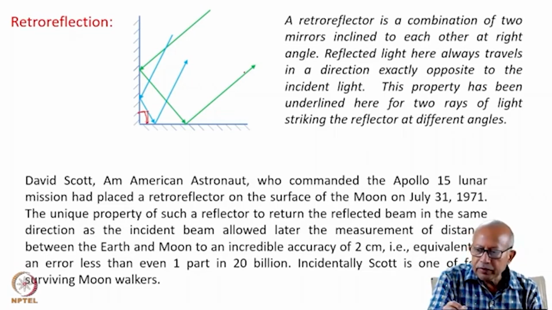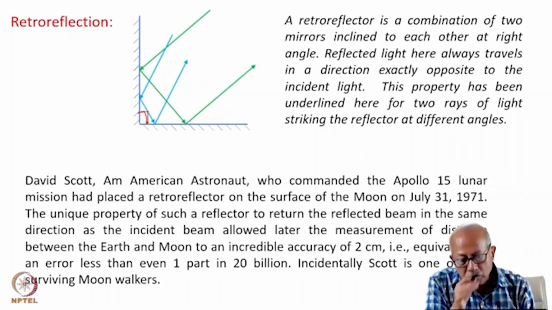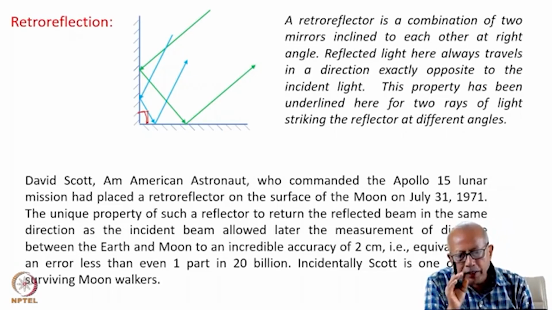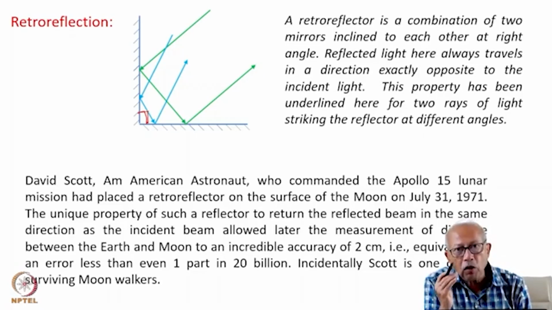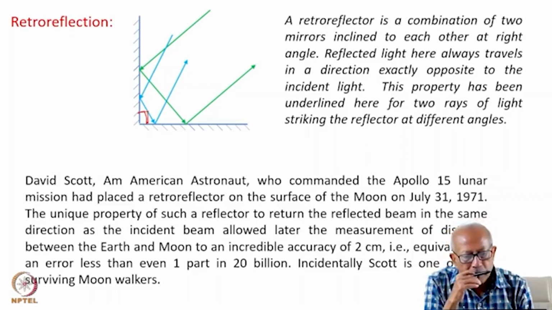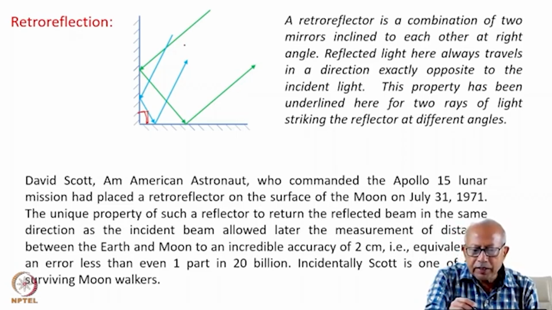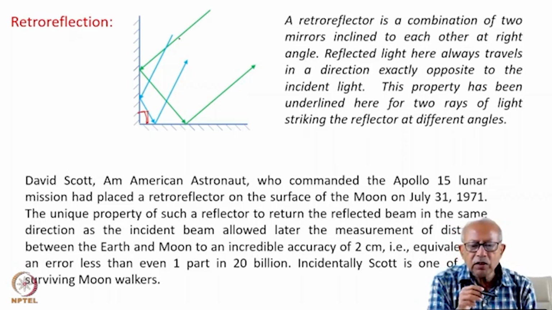It is straightforward to show, by using the laws of reflection and some standard geometrical rules, that reflected light here always travels in a direction exactly opposite to the direction of the incident light.